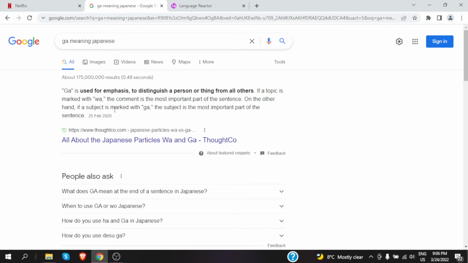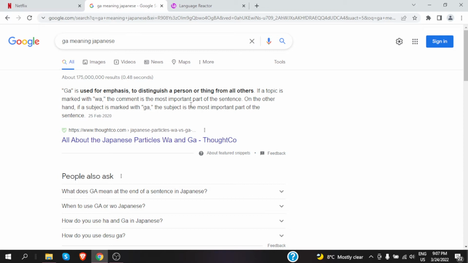On the other hand, if a subject is marked with ga, hold on. If a topic is marked with wa, the comment is the most important part of the sentence. On the other hand, if a subject is marked with ga, the subject is the most important part of the sentence.